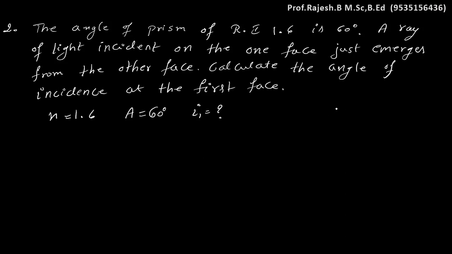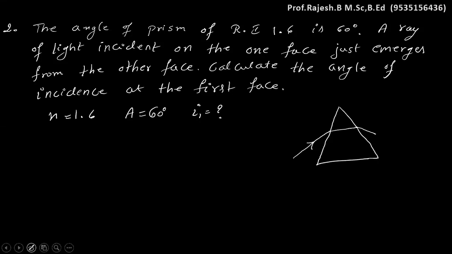So for this, better we have one small diagram. This is the prism diagram. So here is the incident ray, refracted, and this is the emergent, it should go like this, right? But according to this condition, at the other face it just emerges.